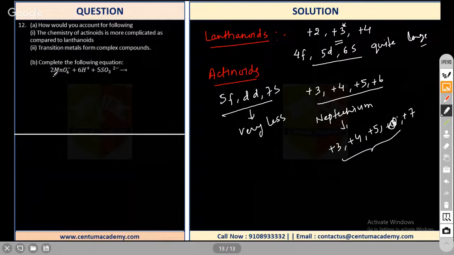This MnO4 minus converts into what? Mn plus 2 in acidic medium. So one product here will be Mn plus 2, right? SO3 2 minus will convert into SO4 2 minus, and then you can balance this reaction according to the redox reaction method that you have.